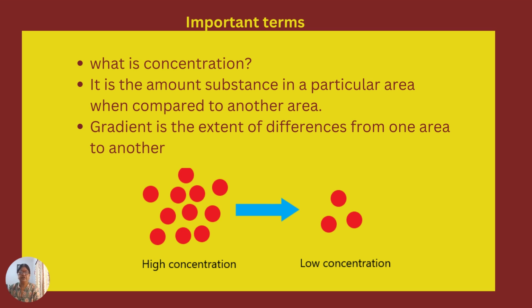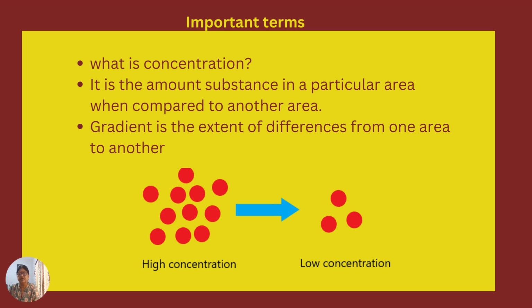Before we learn about diffusion, let me tell you what is concentration and gradient, and it will help you understand diffusion easily. Concentration is the amount of substance in a particular area when compared to another area.